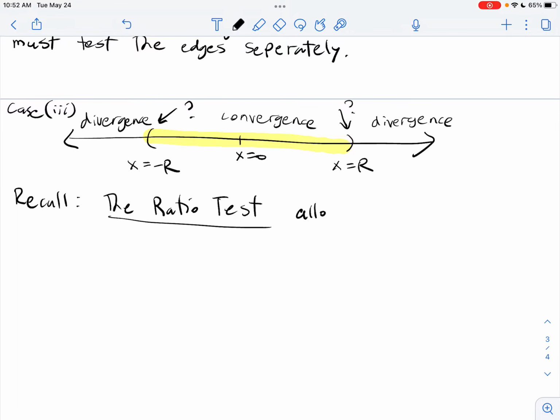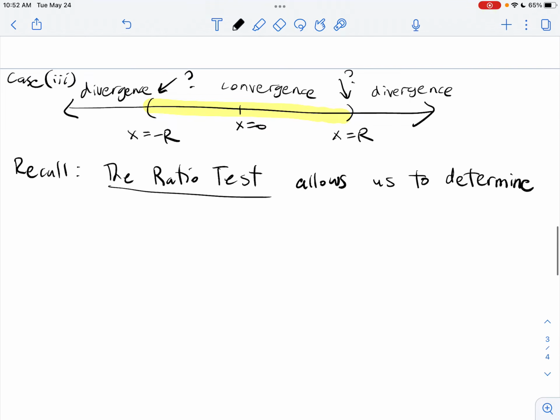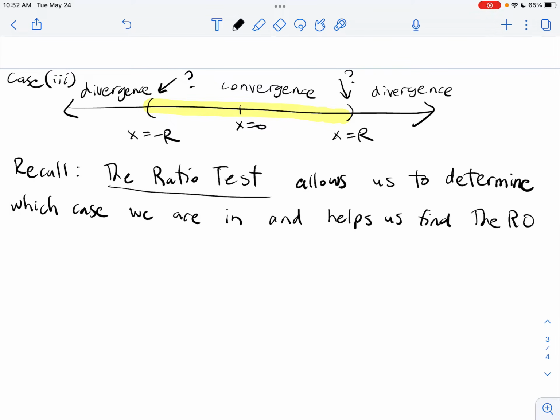So the ratio test allows us to determine which case we are in and helps us find the radius of convergence.